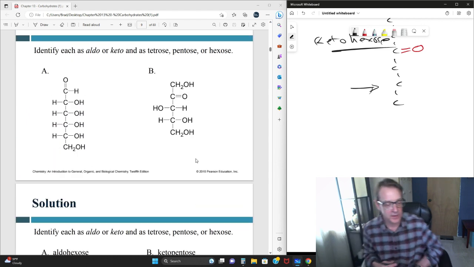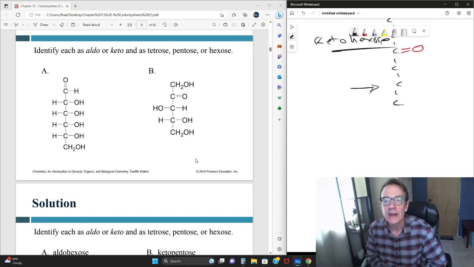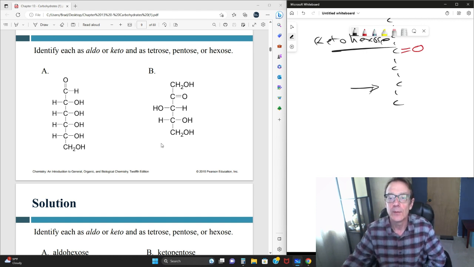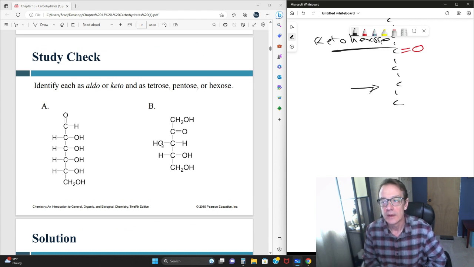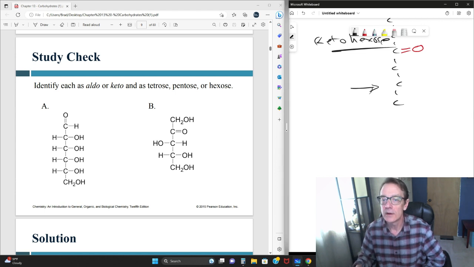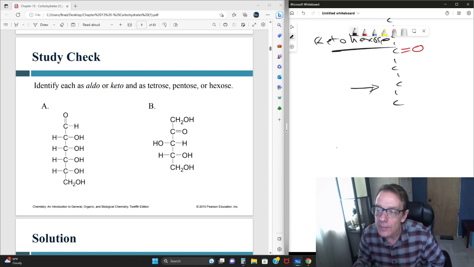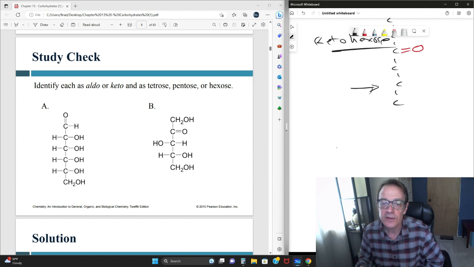Okay, so you guys tell me, what type of a monosaccharide do we have on the left-hand side there? Actually, it's hex, 1, 2, 3, 4, 5, 6. So we do have a hexose.